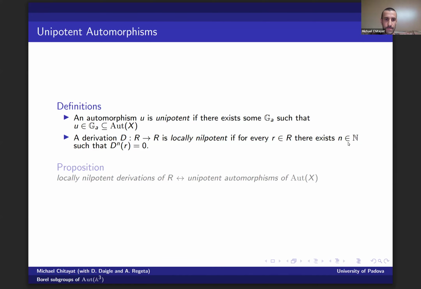And there is this correspondence between locally nilpotent derivations of a ring R and unipotent automorphisms of the automorphism group of the corresponding affine variety. And these maps are given by the exponential map and its inverse, which is called the log.